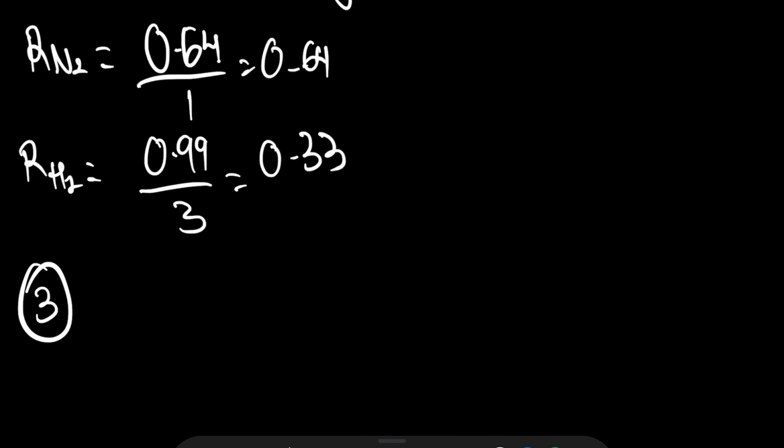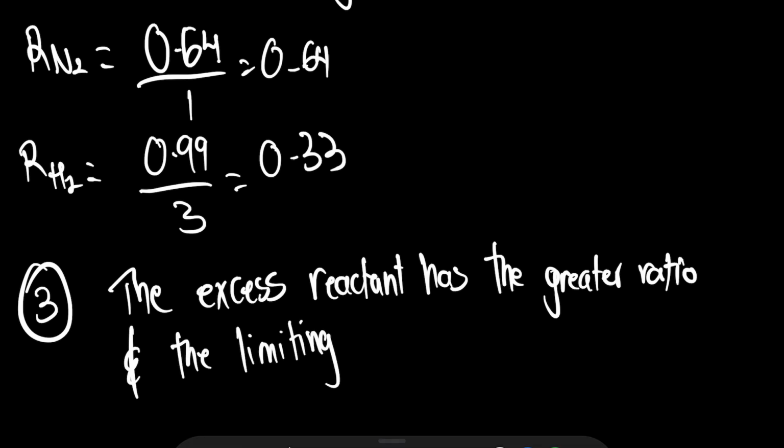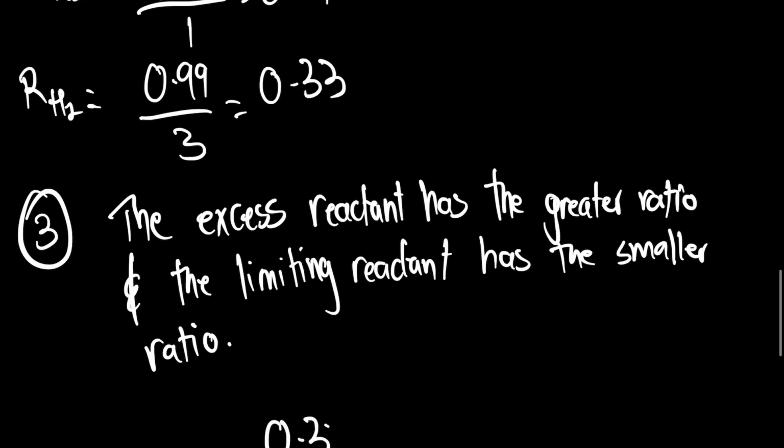Now from here on out, it's pretty easy to determine which one's the excess and limiting. And the rule is the excess reactant has the greater ratio. And the limiting reactant has the smaller ratio. So looking at these values, we can say that 0.33 is less than 0.64.